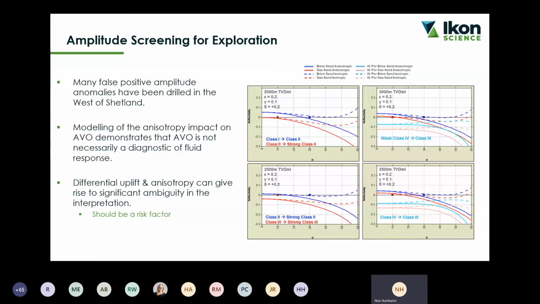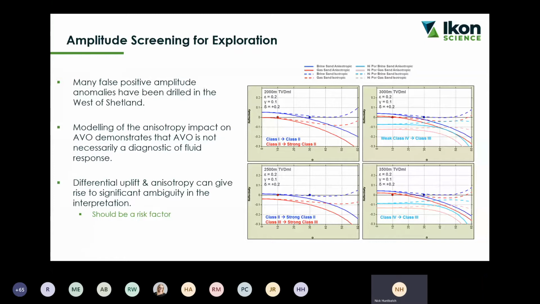So if we start with reference to that workflow on the left-hand side in a more exploration setting, this is just a nice example of how including an anisotropic case within the modeling framework can be crucial. So this is from a particular basin in the Tertiary where many false positive amplitudes have been drilled.